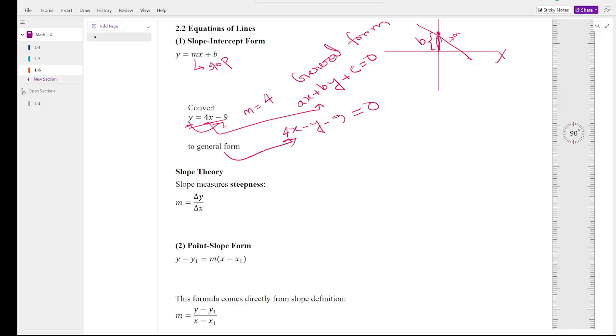We can write slope as delta y over delta x, which means y2 minus y1 divided by x2 minus x1. Be careful: when you subtract y2 minus y1, you must subtract x2 minus x1. You cannot use x1 minus x2. If you subtract y1 minus y2, then you must subtract x1 minus x2. So be careful about this.